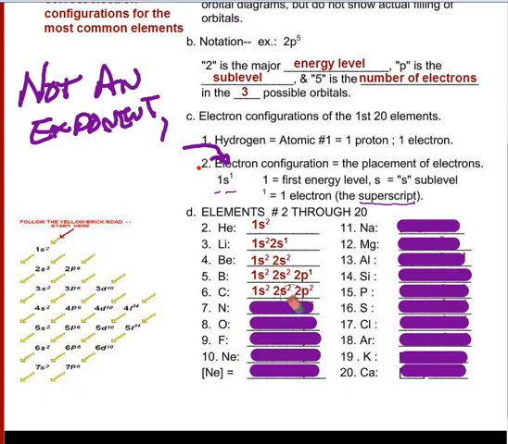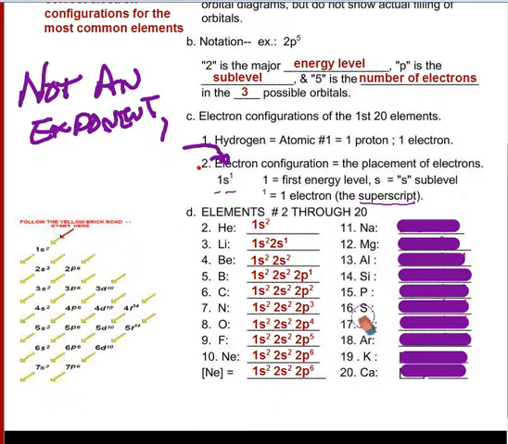Carbon 2p2, nitrogen 2p3, oxygen 2p4, fluorine 2p5, and neon 2p6. Neon fills the second energy level, the 2s2, 2p6 is filled with electrons. That makes neon special because this is a very stable electron configuration.